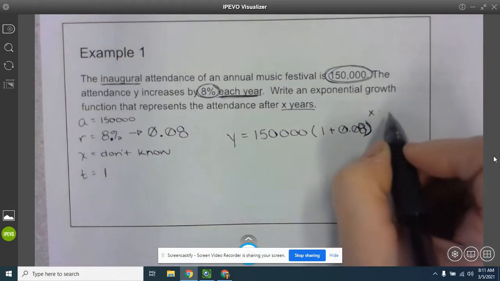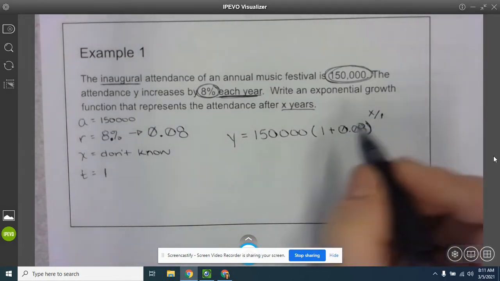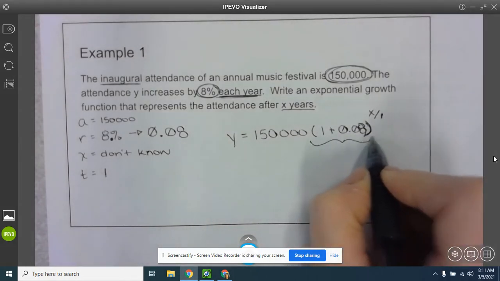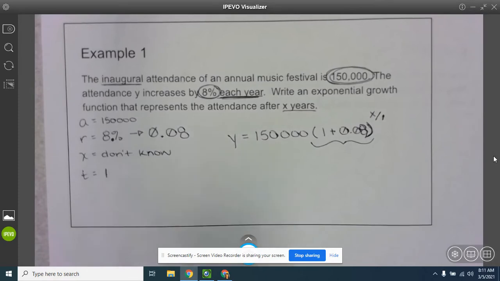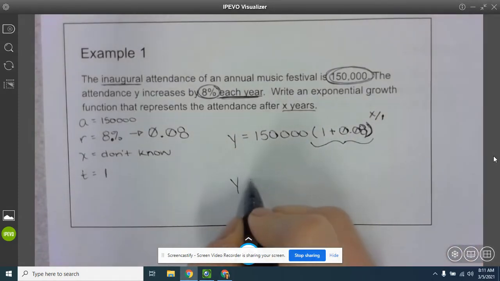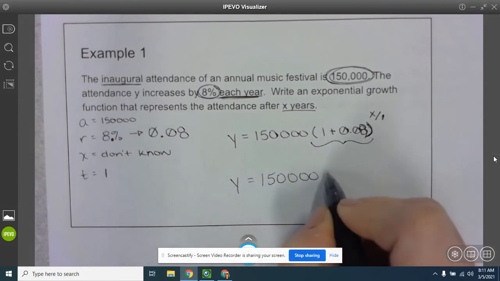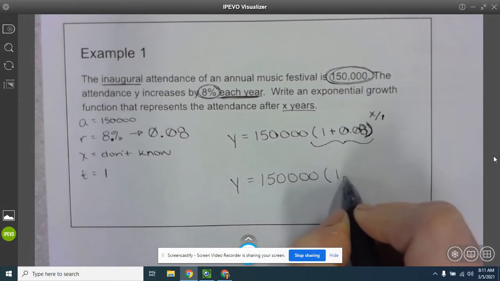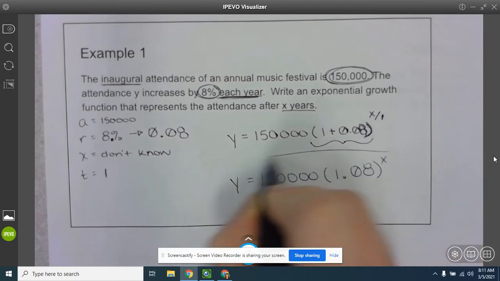We don't have to write divided by 1. Now, in most word problems, if they're asking you to select the correct answer from a multiple choice statement, most of the time they're going to combine those. So you should see y equals 150,000 times 1.08 to the power of x.